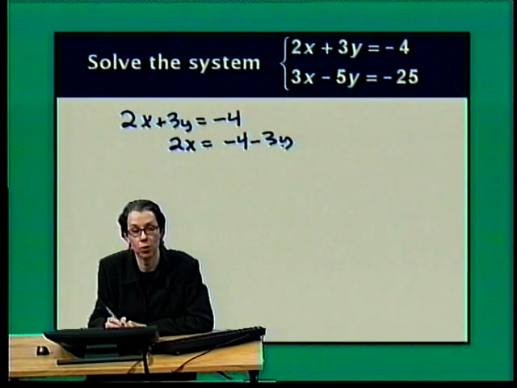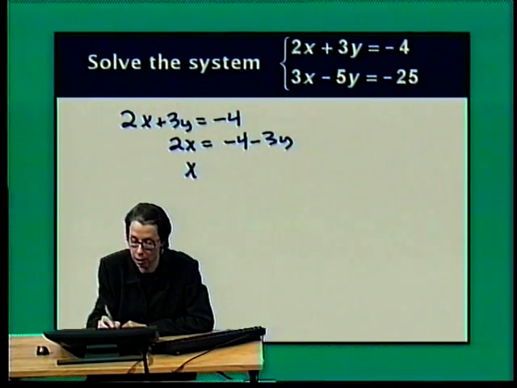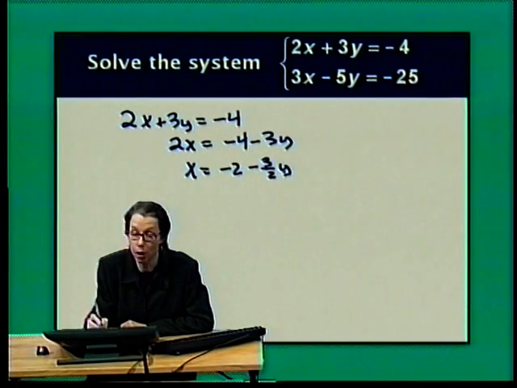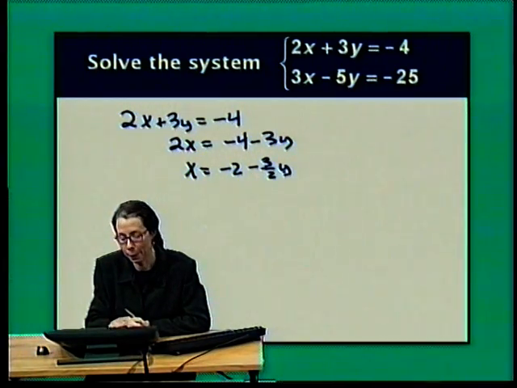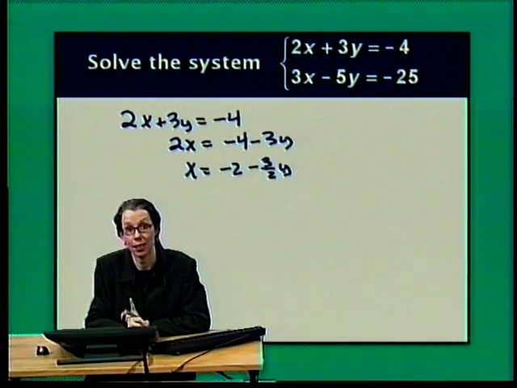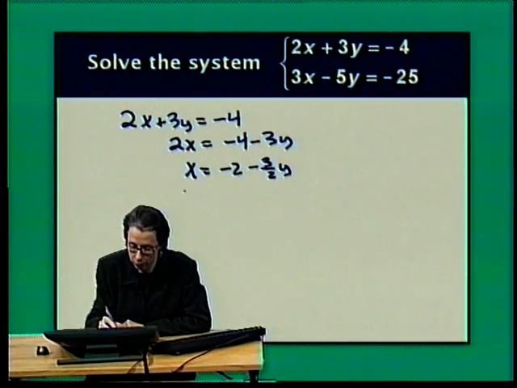If I divide both sides of this equation by 2, I will get a fraction, but whatever you try in this case, you're going to end up with a fraction. So I just chose this because there are fractions in this problem. So now I'm going to substitute this expression for x in the second equation.